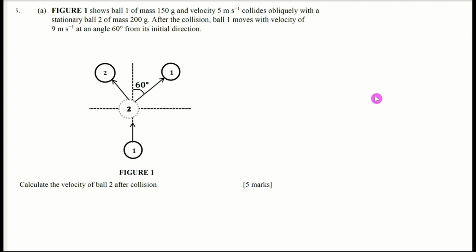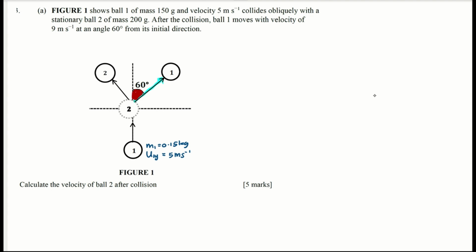Okay, so based on this diagram, this is mass 1, which is 0.15 kg, and then U1 is in Y component, moving upward, so positive 5 meter per second. And then for the second object, sebab after collision, you tengok kat sini after collision ada angle. Bila ada angle, ini adalah V1.